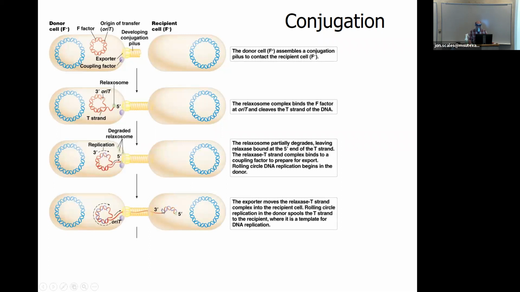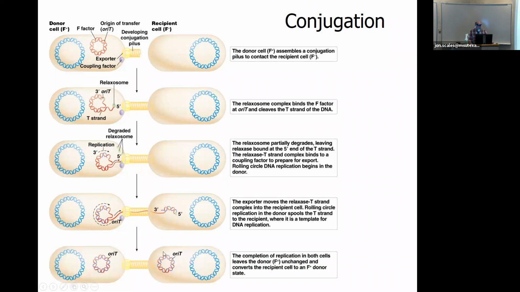And they repair it, and by repairing it, they basically just make a second strand. And now, when it's all said and done, a copy of the whole plasmid is now in that cell. And you never lost the plasmid from the donor cell because you only moved one strand. So you just fixed that by making your second strand over here.